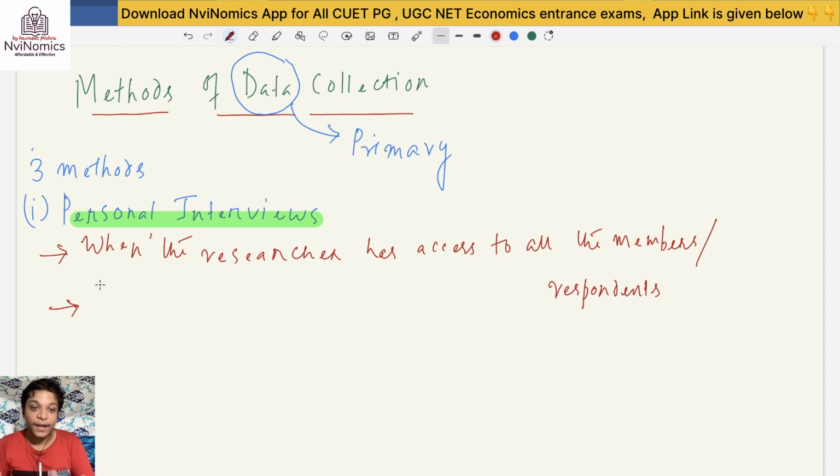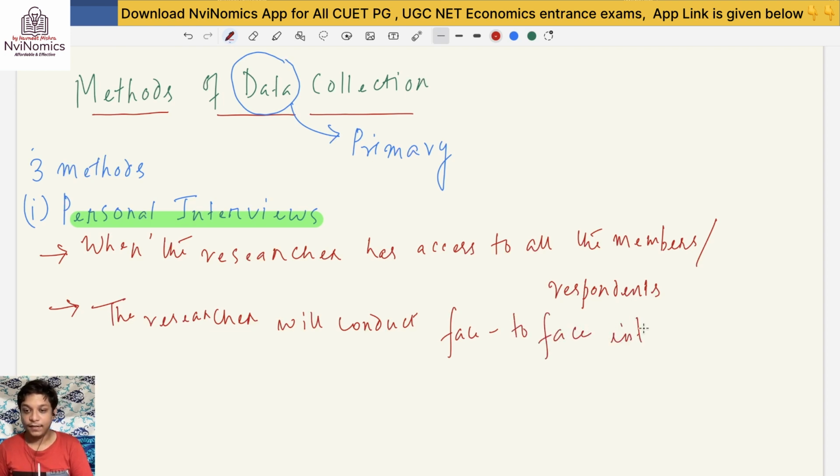Another point is that the researcher will conduct face to face interviews with the respondents.